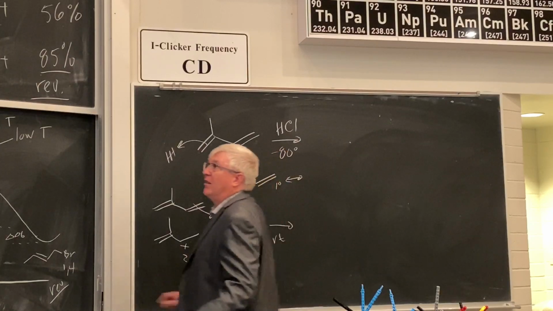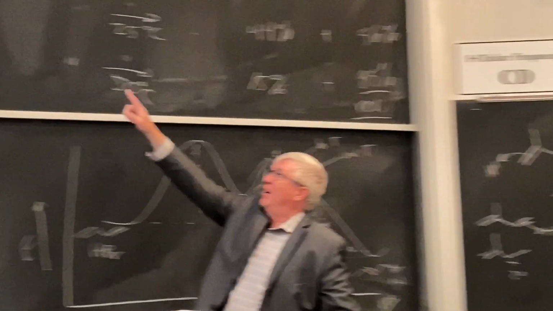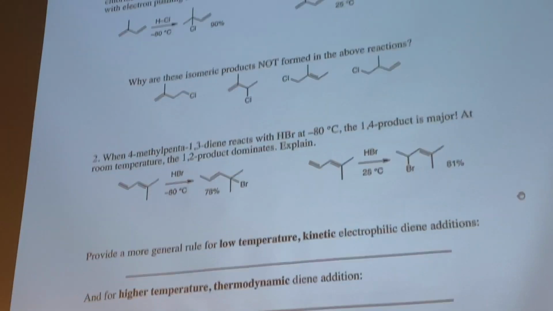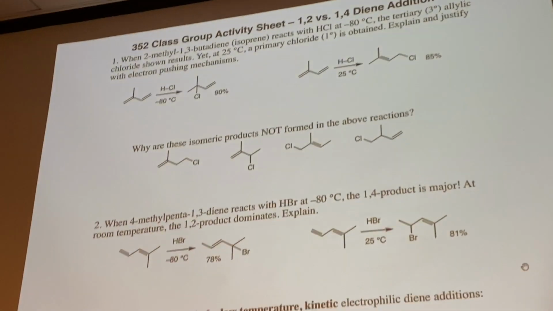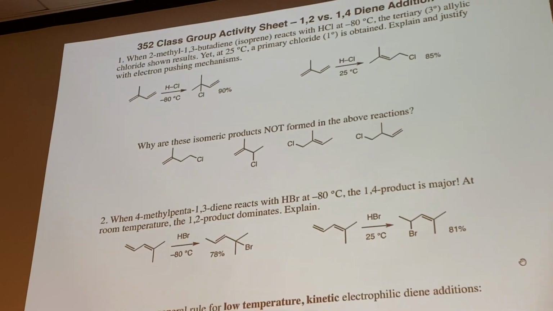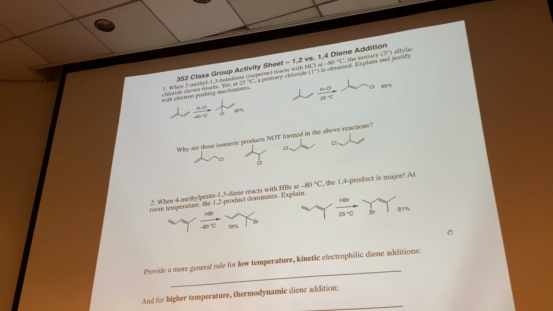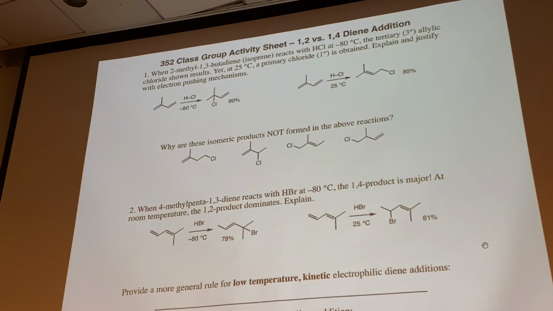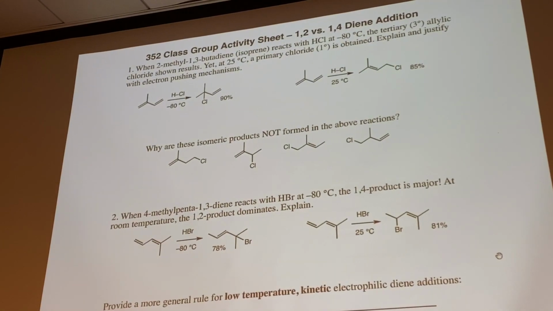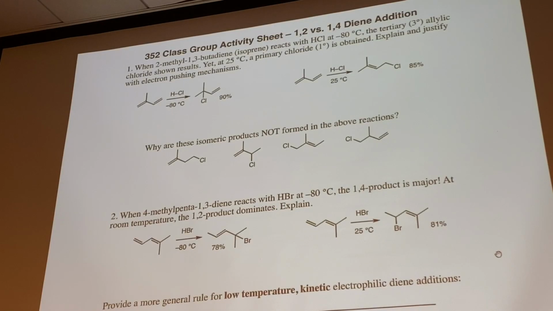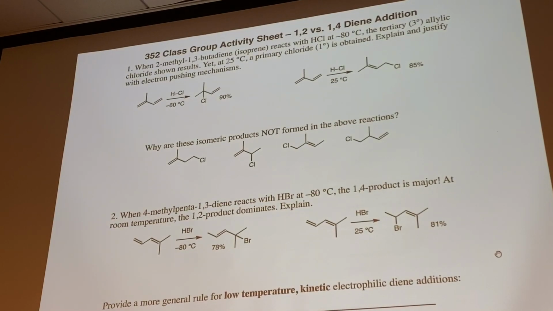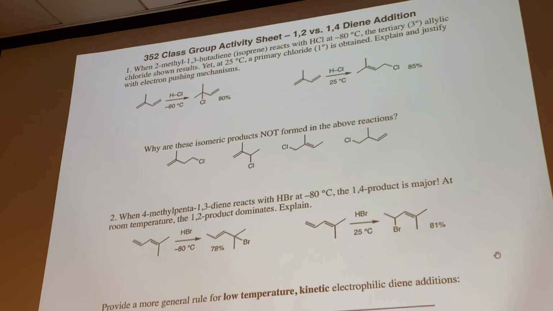So let's have the camera go back up over here. And there's this worksheet, this class worksheet, activity sheet, and there's a separate file on Learning Suite that will have these on them. We won't do one for every chapter, but this is a good point to pause your video and try to work through these. So there's isoprene at minus 80 degrees and isoprene at room temperature, and see if you can rationalize those two products.